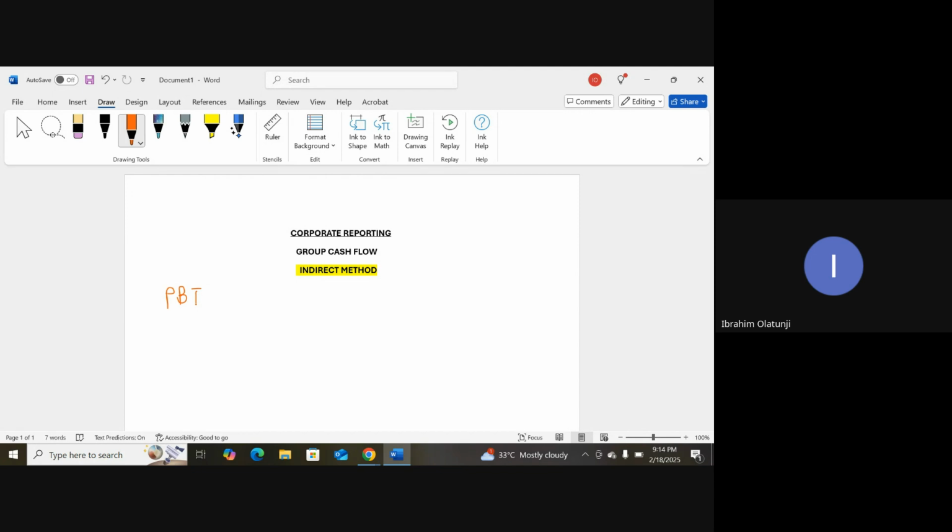That is what you need under the indirect method while calculating for operating activities. So you now go to your question, where will you see profit before tax? You can only see profit before tax in your income statement. We call it the statement of profit or loss. That's where you will see your profit before tax.